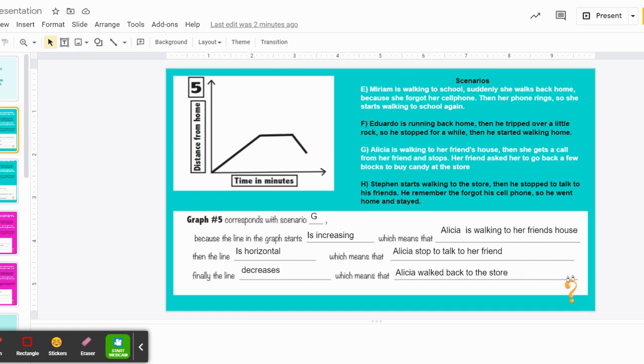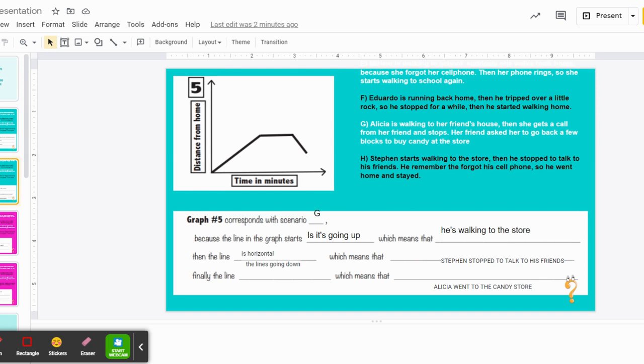Once they identified which scenario matched the graph, then they were to explain the activity on the graph. So the sentence stems help them put into words what they see, the correlations that they see between the graph and the scenario. So here are a few examples of student responses.